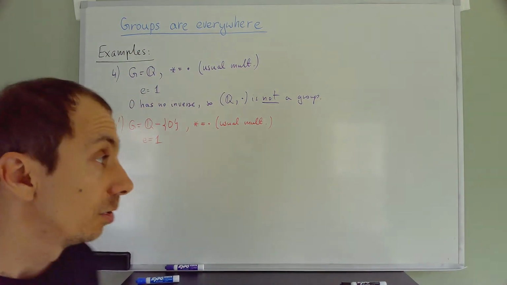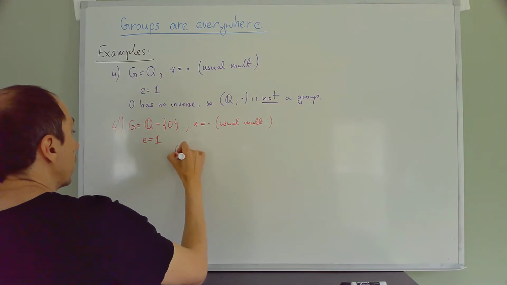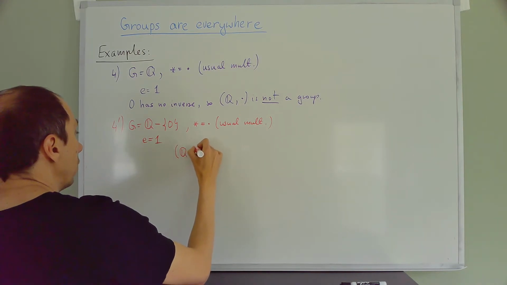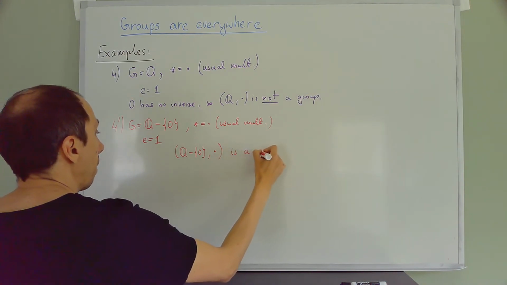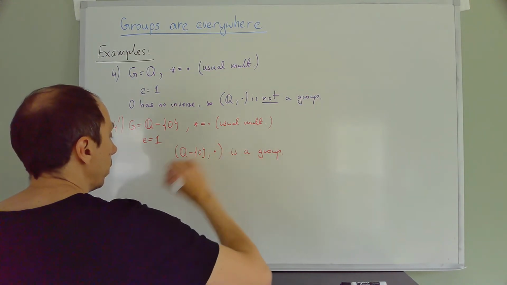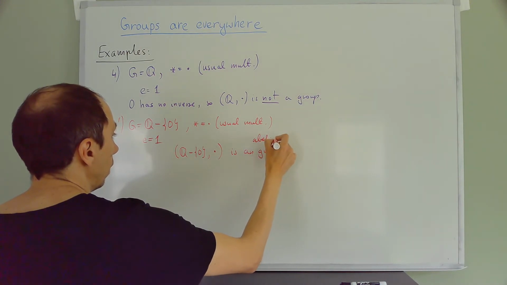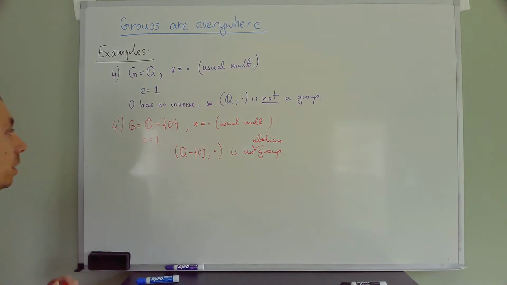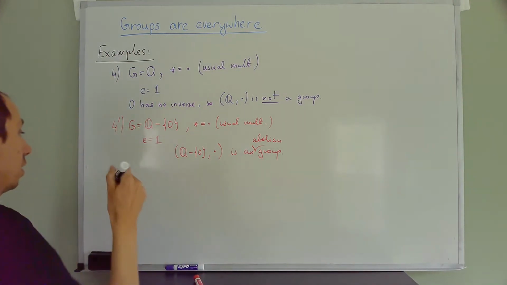Sure. So Q without 0 is a group. Abelian? Yep. Abelian group.